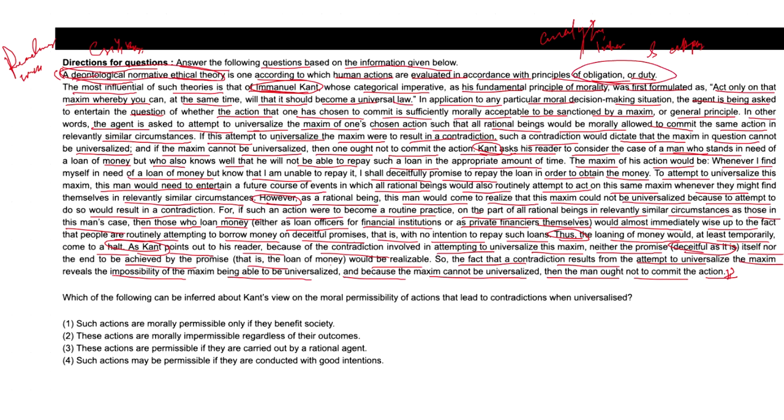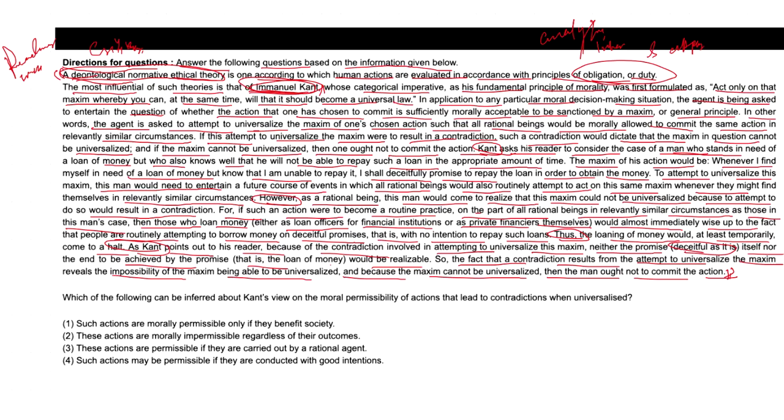In the second paragraph, we find that the text explains how Kant's categorical imperative functions. It emphasizes that moral decisions should be assessed by whether the action can be universalized without contradiction. The agent must consider if the action could be acceptable as a universal law applicable to everyone in a similar situation.